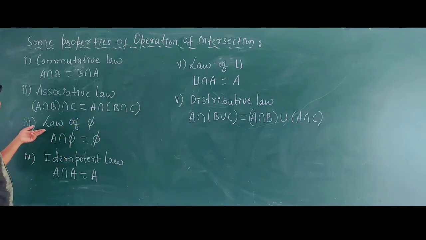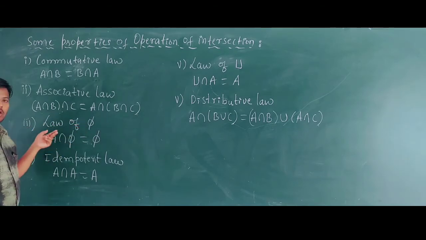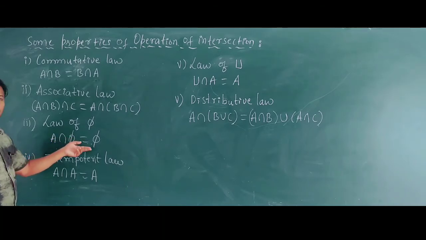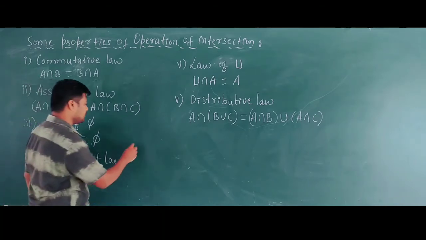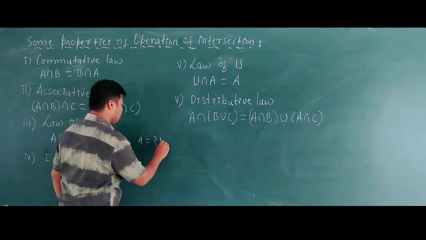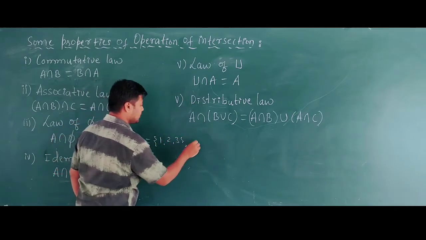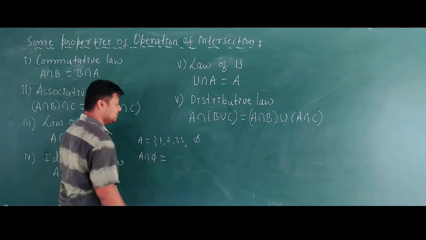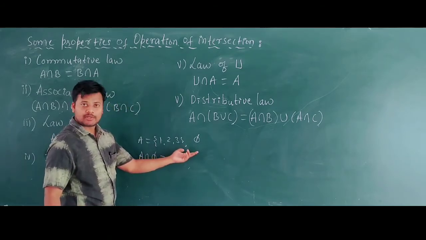Okay. Next one, third one, law of empty set. Law of empty set ಏನು? A intersection null set equals null set. For example, set A equal to {1, 2, 3} and then null set. A intersection null set, null set means it contains no elements.